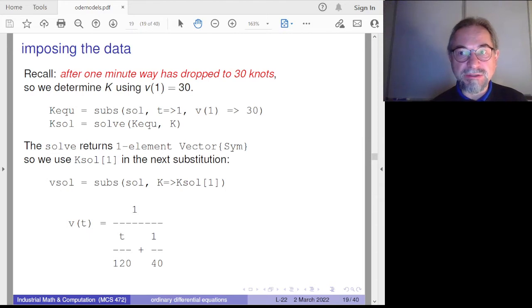So we solve this equation for the capital K. So if we do solve, we have an array that's returned. So here I give just the text-based verbatim output. But in the Jupyter notebook, you will see the large brackets.